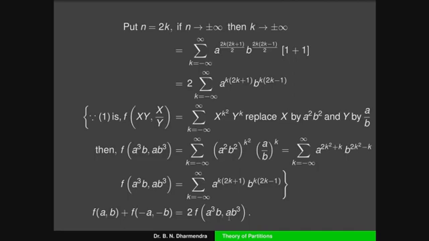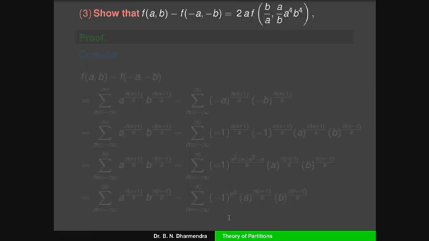Now we have to move on to the next result, the third one, that is f of a comma b minus f of minus a comma minus b is equal to 2 times a into f of b by a comma a by b into a to the power of 4 into b to the power of 4. We can carefully observe the terms here.